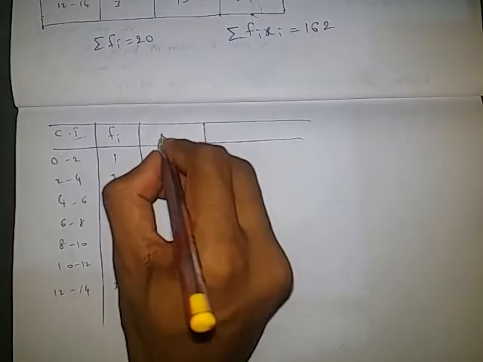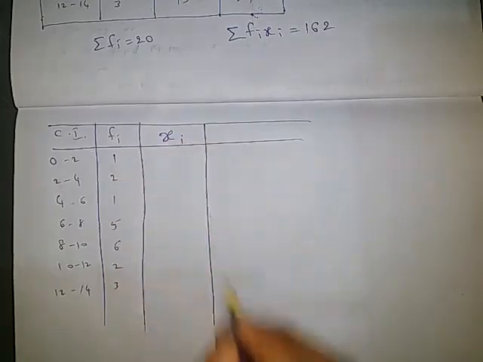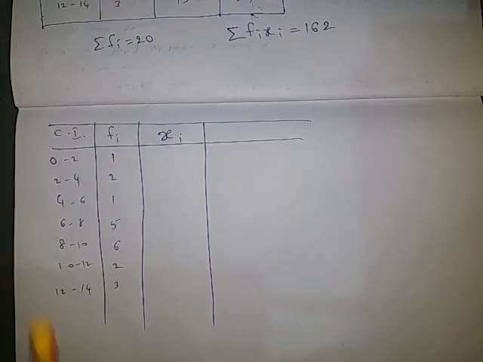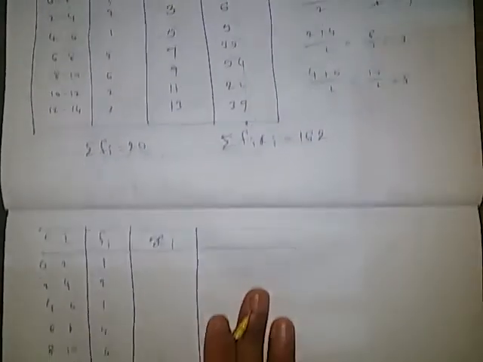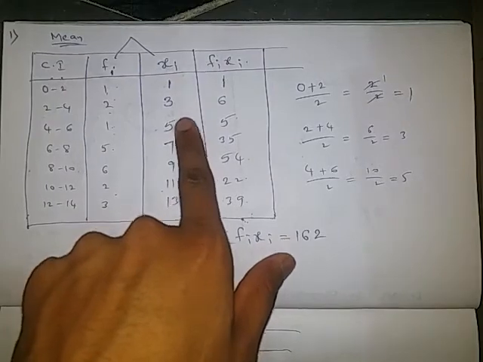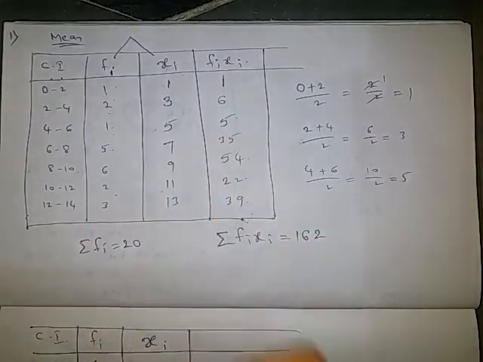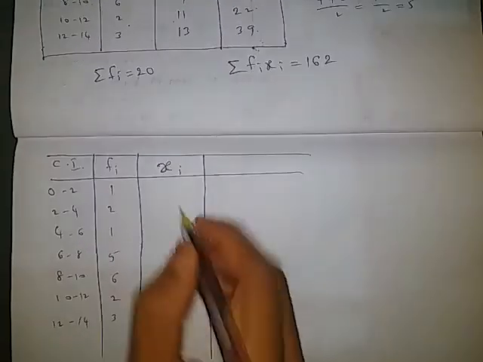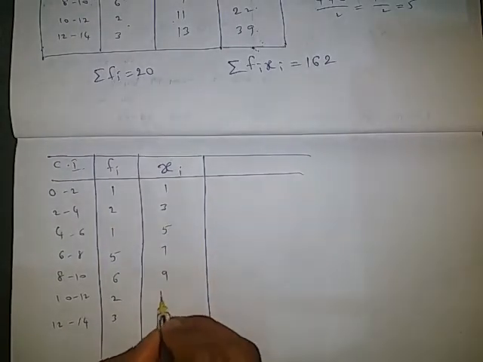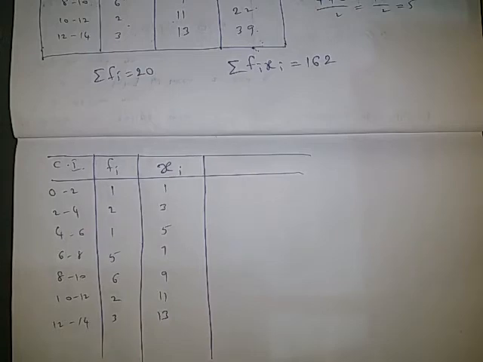The third column is xi, nothing but the class marks. We are doing the same question, so whatever class marks we wrote earlier will be repeated here: 1, 3, 5, 7, 9, 11, 13.